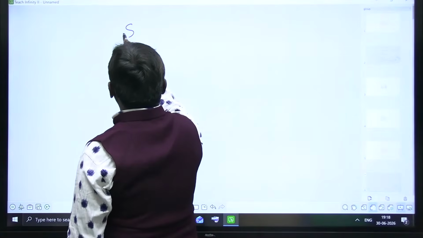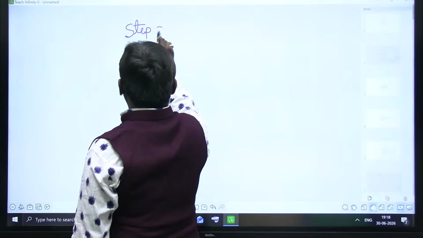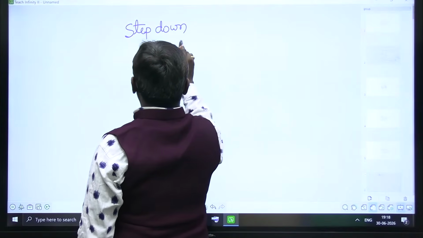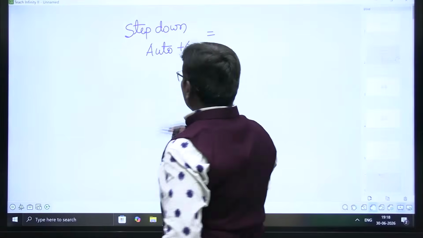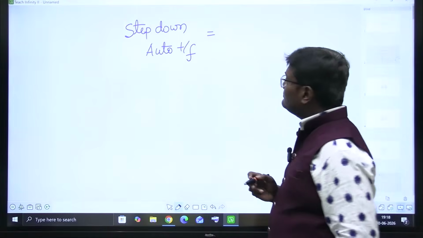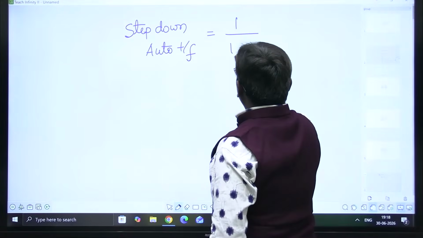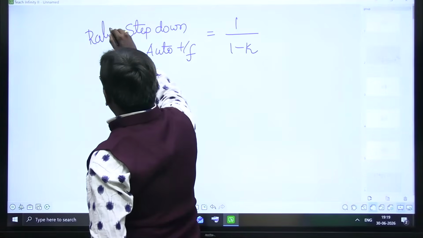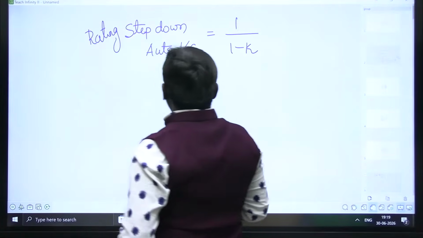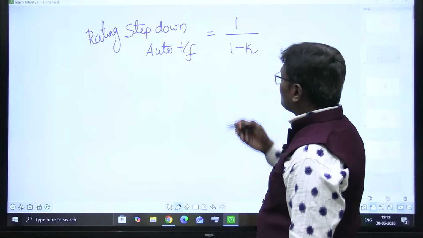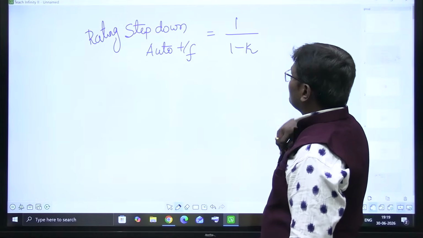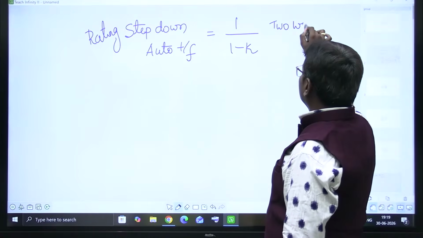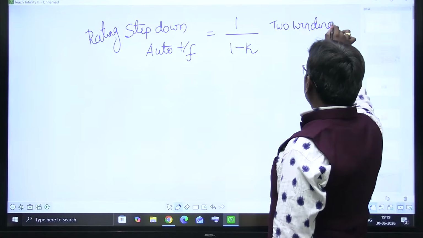for a step down auto transformer, the rating is 1 by 1 minus K. These formulas you have to remember. Rating of a step down auto transformer is 1 by 1 minus K times that of the two winding transformer.